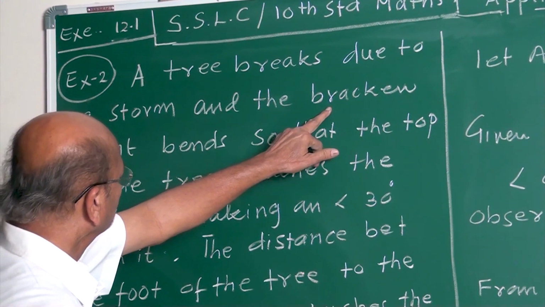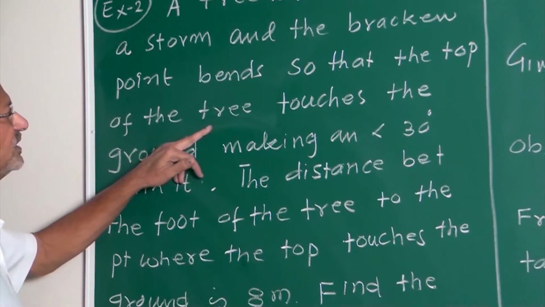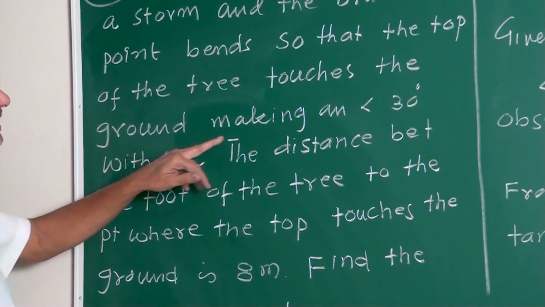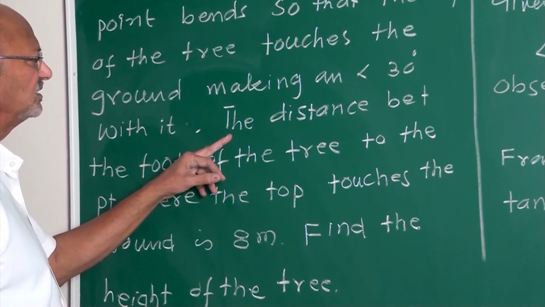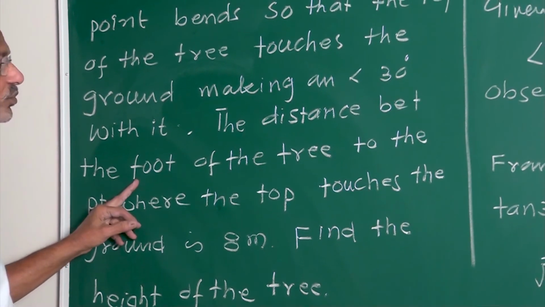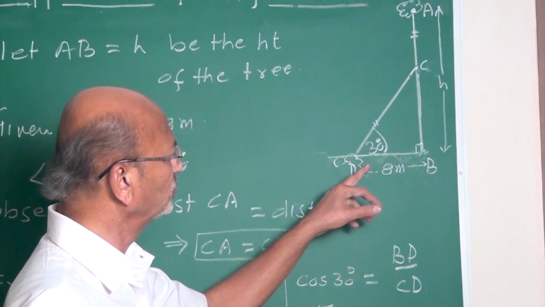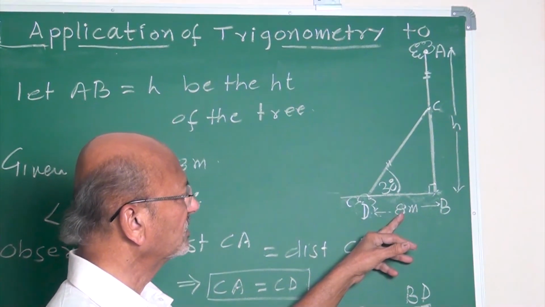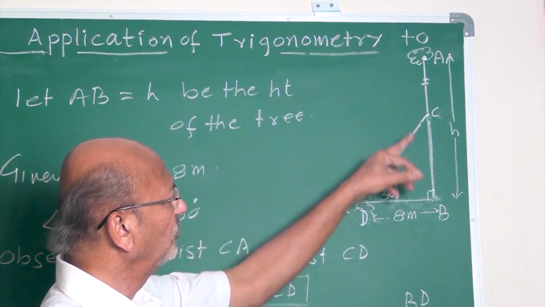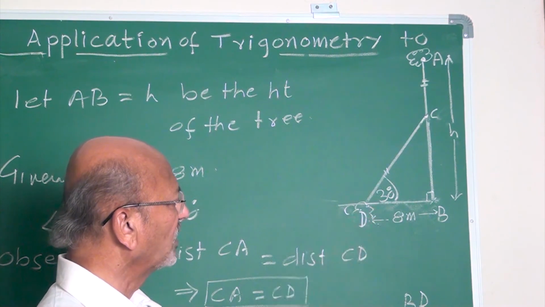The broken piece bends at a point so that the top of the tree touches the ground, making an angle of 30 degrees with the ground. The distance between the foot of the tree and the top where it lies is given as 8 meter. You want to find the height of the tree.